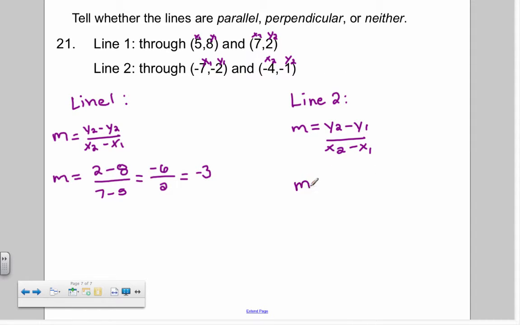So let's solve for slope on this side. My y2 for line 2 is negative 1 minus my y1, which is negative 2. On the bottom, my x2 is negative 4 minus my x1, which is negative 7.